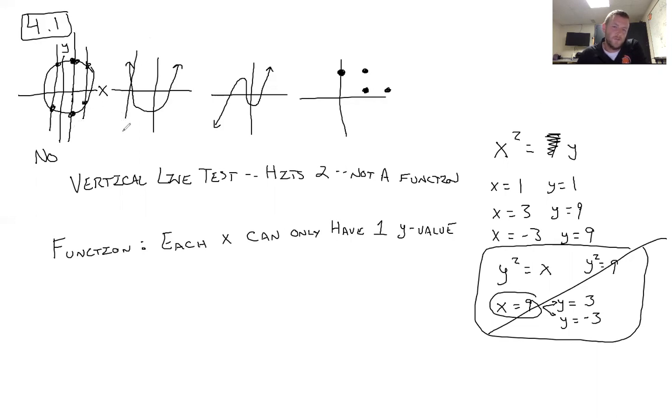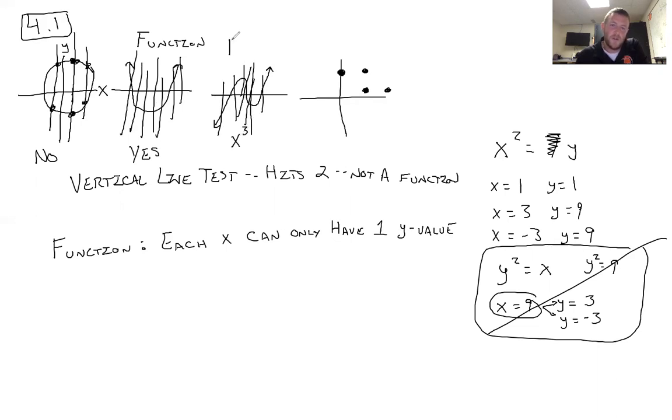This one, only hit once, hit once, hit once. See, there's no point where I can hit it more than once. So this one is a function. This is a yes. Okay, this one, same thing. Now I drew this kind of funky here, but technically it would only hit once everywhere. This is the graph kind of like x cubed.